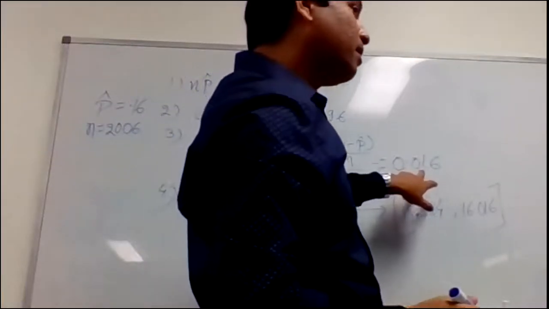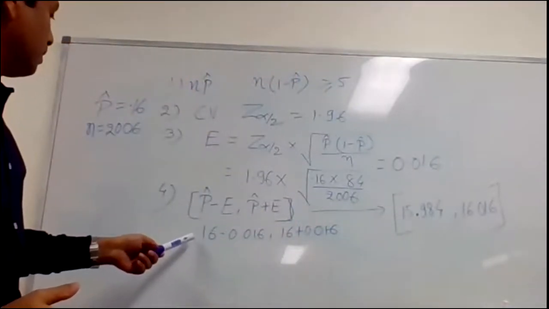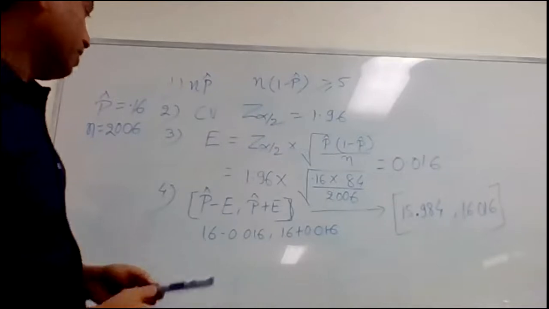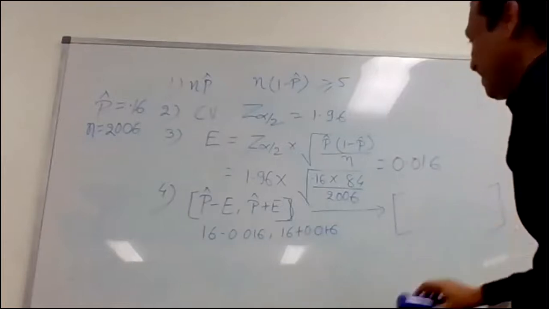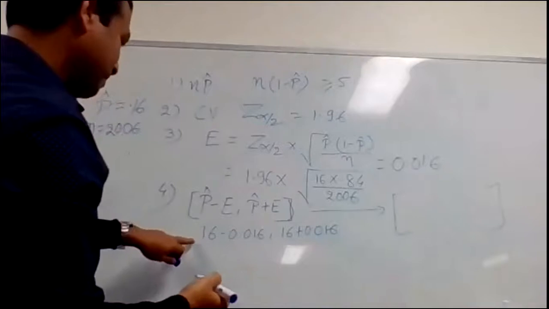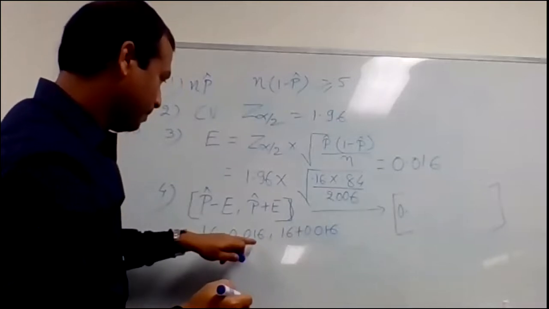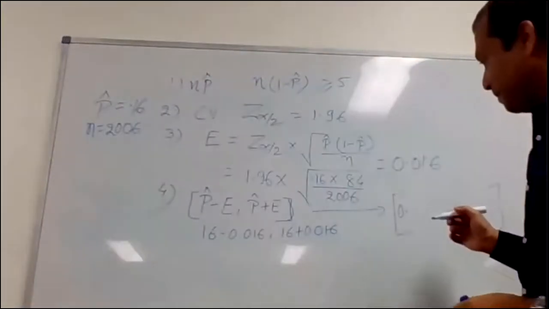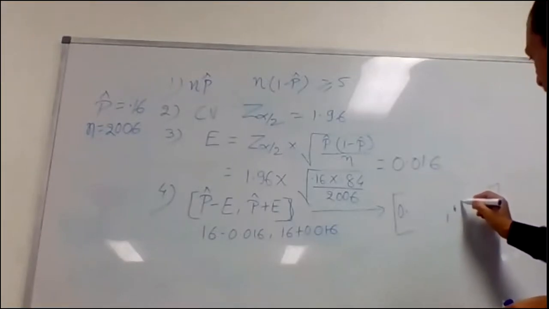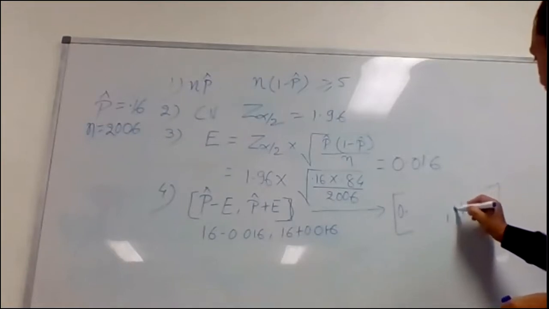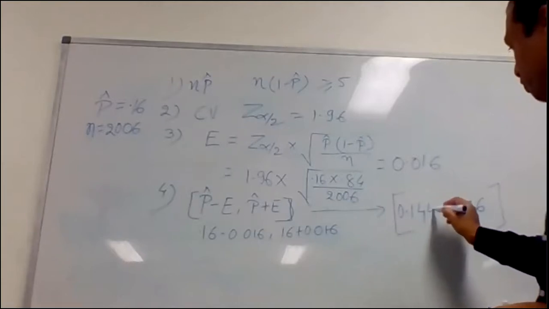Yes, it is. Okay, I was considering 16, sorry. Okay. So now you tell me then. So the answer for 0.16 minus is 0.144. And the other one is 0.176. Okay, correct. And the first one 0.144. Okay.